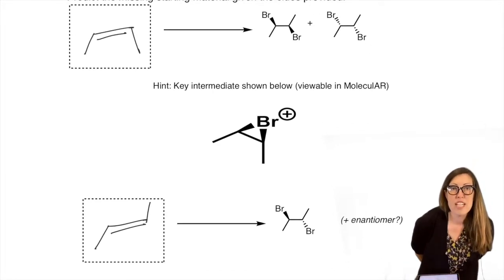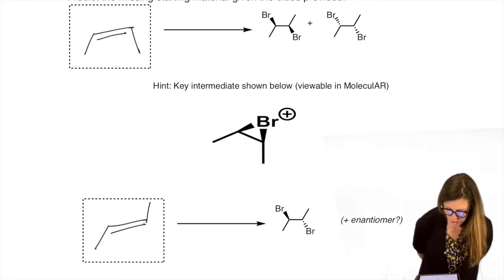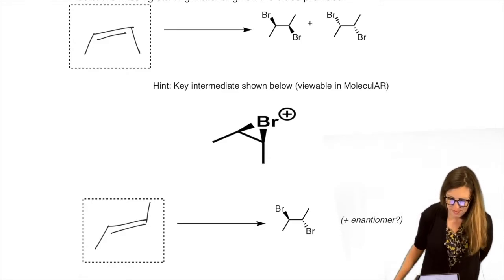Okay, so these were very similar. One key difference. One was the cis or Z alkene, same side, or one was a trans alkene. What did you get?